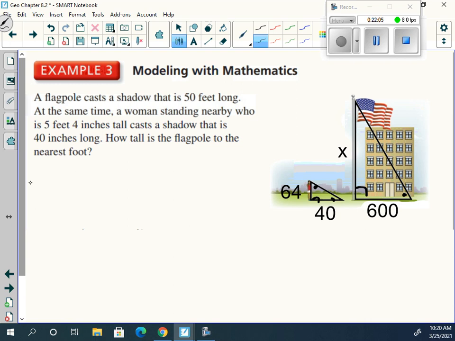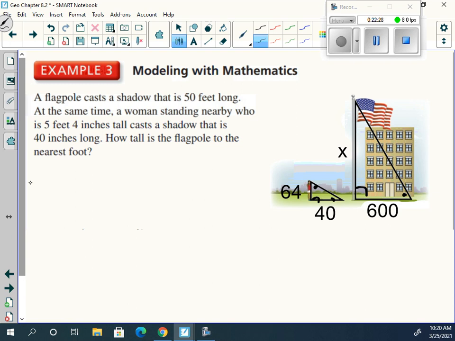Well, this is the same as 1/3, which is 0.33 repeating. It's a non-terminating decimal. So it works a little bit better when we have it at 64 inches instead of 5.3 repeating feet.